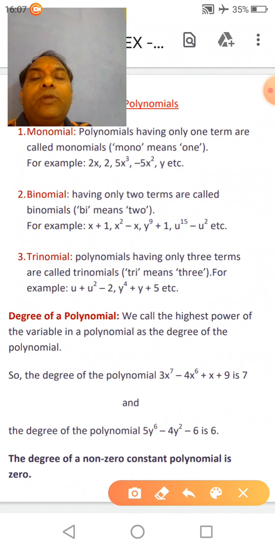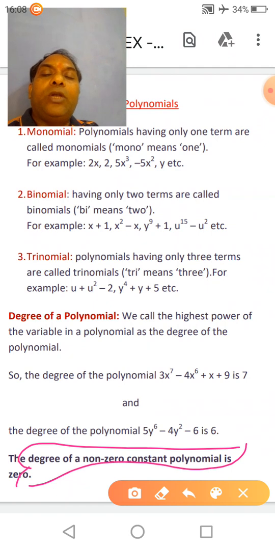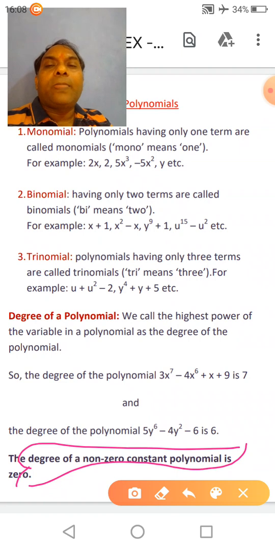And also you have to remember, the degree of a non-zero constant polynomial is 0. Means suppose 2. 2 is a non-zero constant. 2 can be written as 2 into x to the power 0 because x to the power 0 is equal to 1.